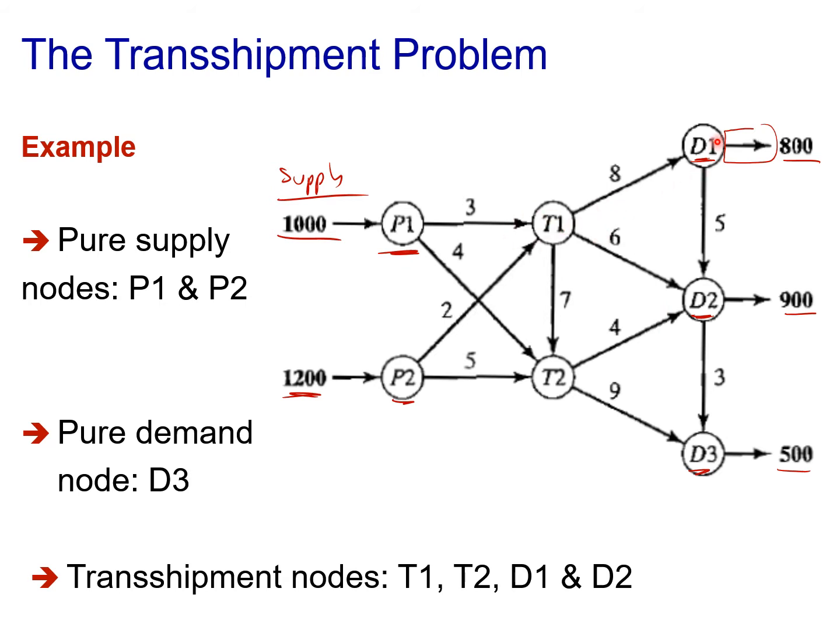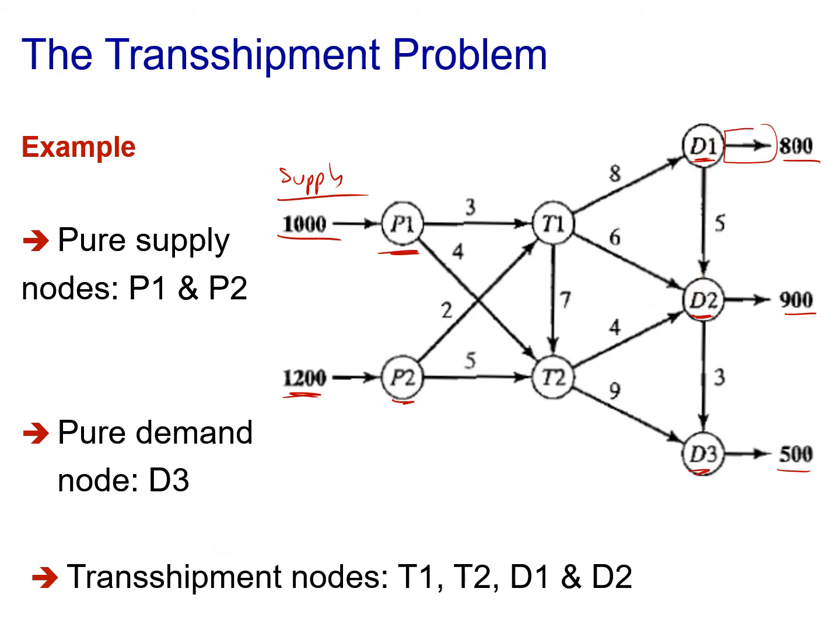Okay? And look at D3. D3 is a demand point in which it needs to receive 500. But D3 is different from D1 and D2. Why is that so? Look at D1. D1 has a demand value of 800. But at the same time, it can be used as a transient node because it can receive from T1, but it is also possible to send units to D2.